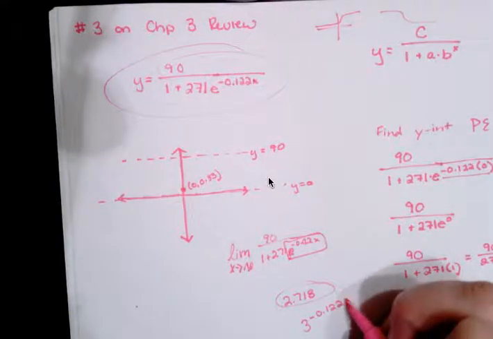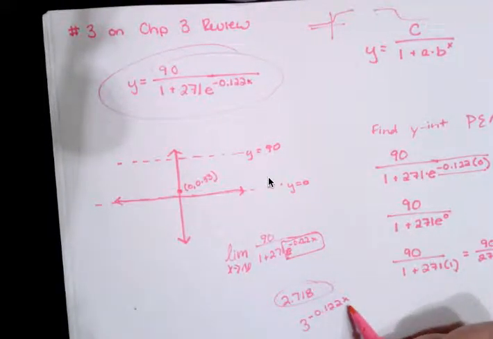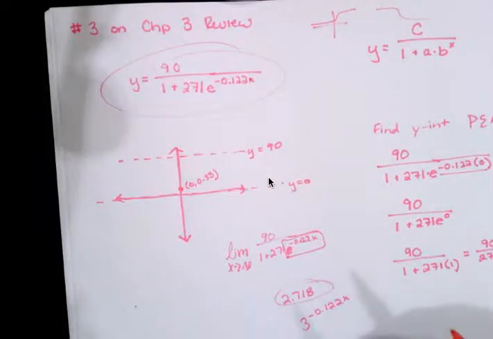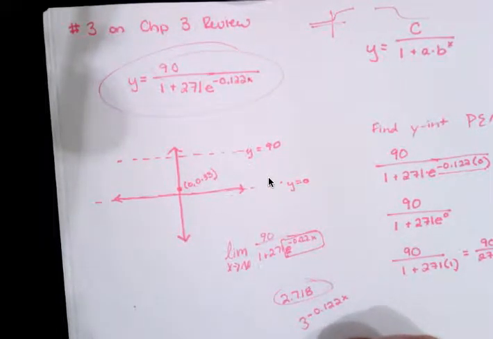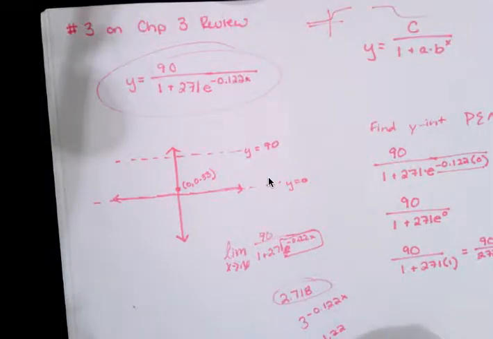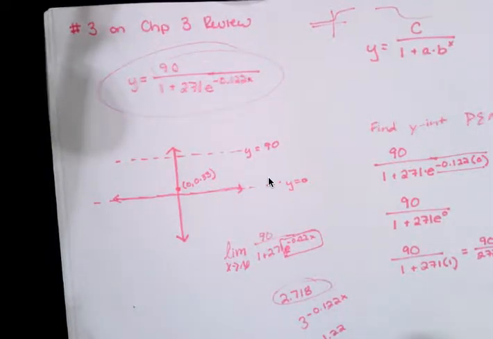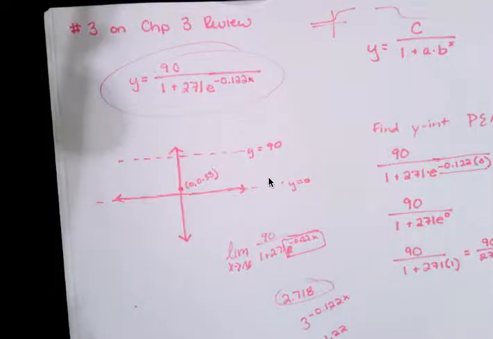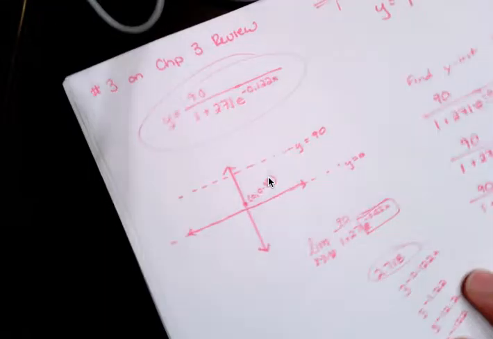What we can do is think about when x gets really big. When x is 10, this is the same as 3 to the negative 1.22, because multiplying by 10 moves the decimal over 1. Multiply by 100, I get 3 to the negative 12.2. Multiply by 1,000, I get 3 to the negative 122. Okay, so that's what's going on. Sorry, guys, you can't see it.